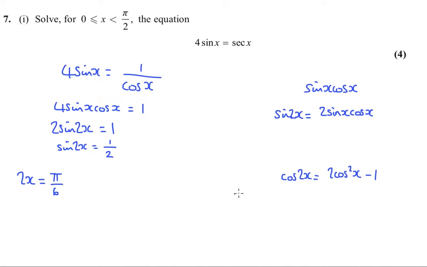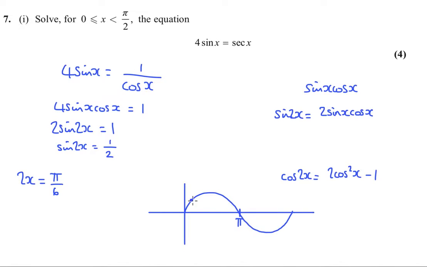Now, we need to be aware of how many solutions we're going to get, and even though this is 0 to pi over 2, we need to think about the fact that we've got 2 x's, so we need to extend the range of values from 0 to pi over 2 to 0 to pi. We need to double the range because there's double the amount of x's we're going to get. So pi over 2 becomes pi, so there will be 2 answers.